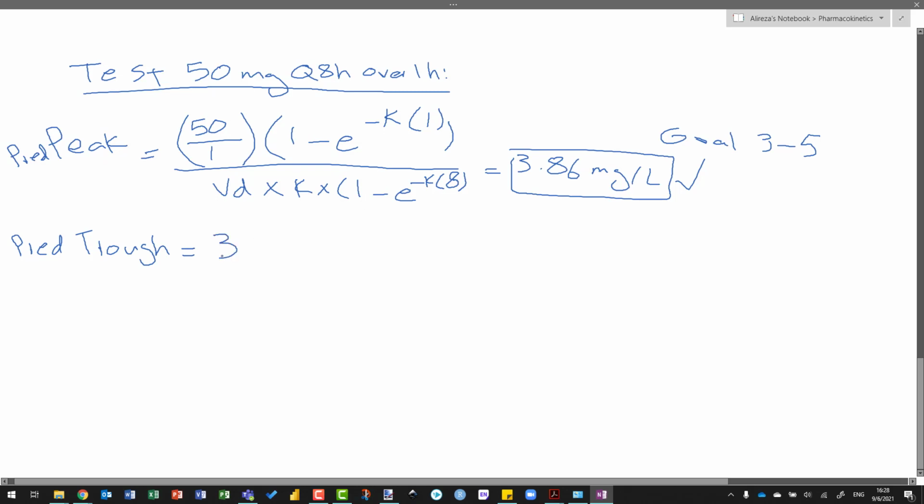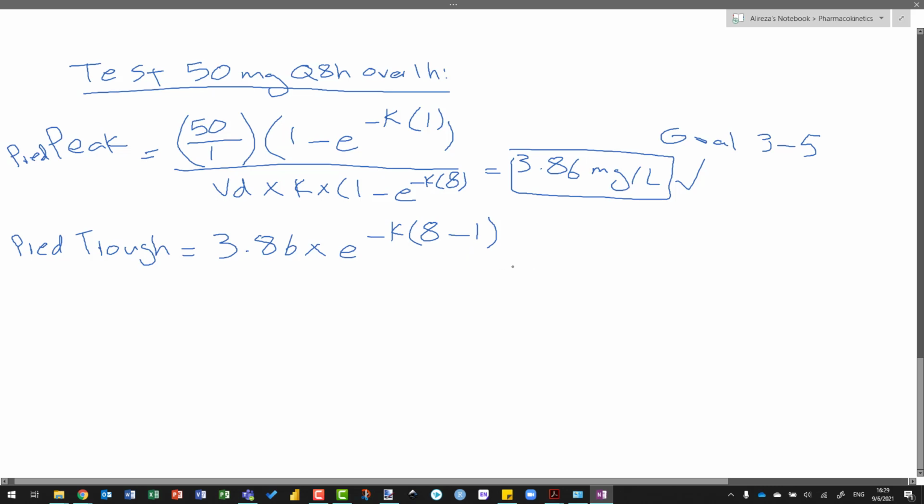So basically you take this peak, 3.86, times e to the negative k times your tau minus time of infusion. So basically this peak is at the end of infusion. So infusion was 1 hour, and then from the end of infusion to the time for the next dose would be 8 minus 1, so 7 hours later.